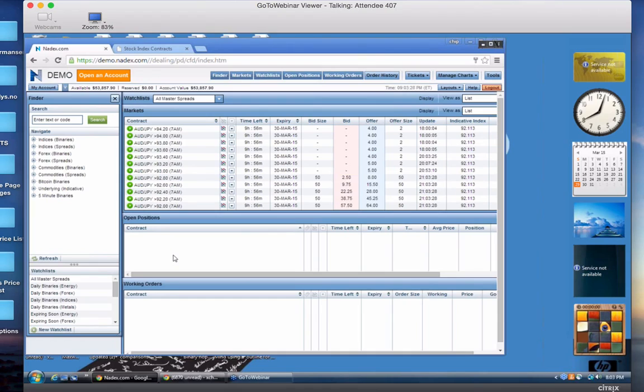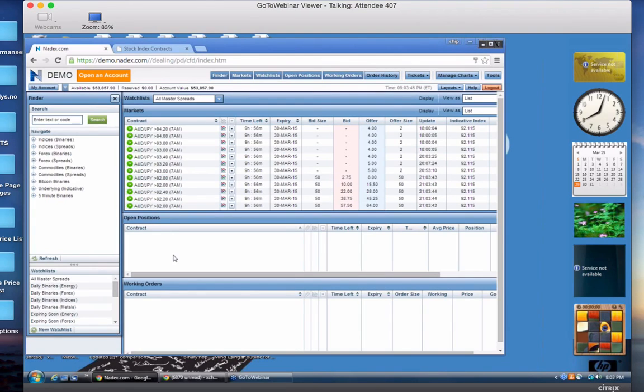Now, Nadex really offers a bunch of different payoff returns, and I think how I'll start it off is trying to compare our binary that is at the money compared to some of the offshore ones.